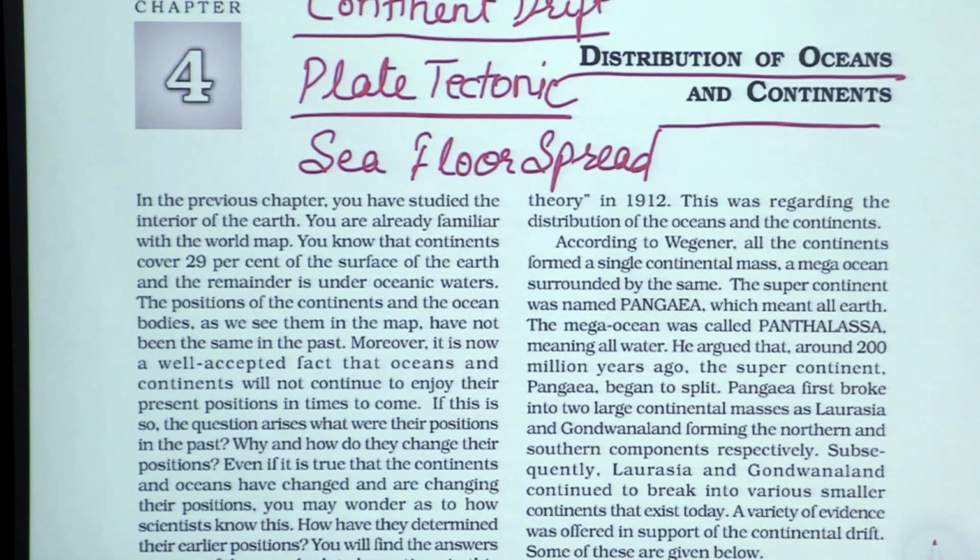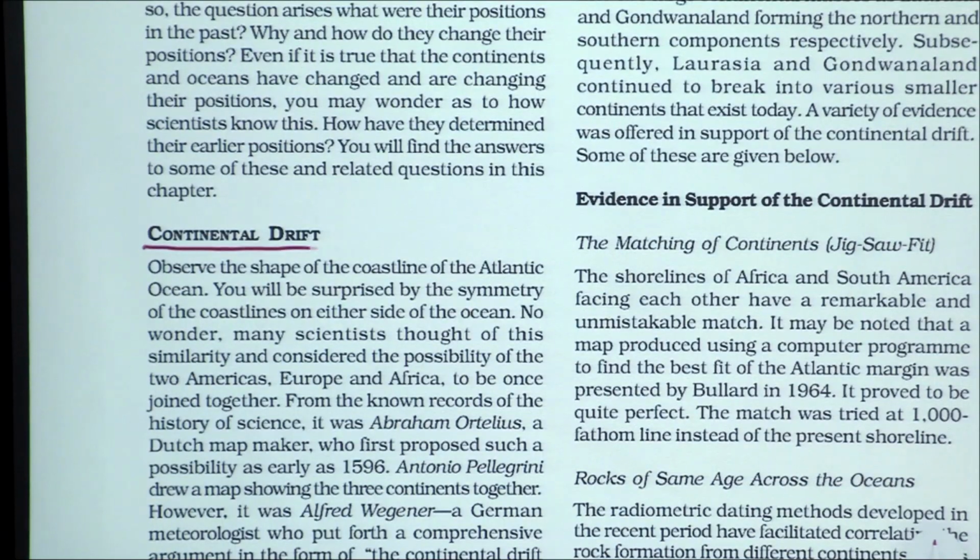I just want to start with the continent drift theory, which involves the work of a German climatologist. If we just go here, continent drift was propounded by Alfred Wegener, the German meteorologist, who put forth a comprehensive argument in the form of continent drift.